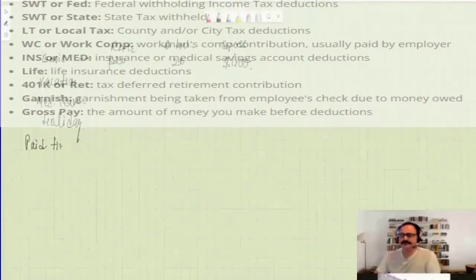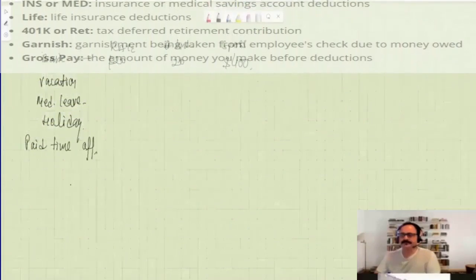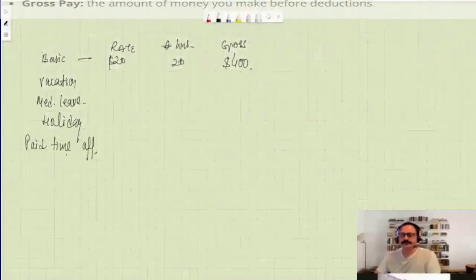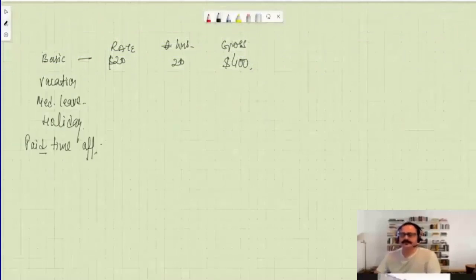That is called paid time off, which means earned leave. In short, it is called PTO, paid time off. Earned leave, every company gives one or two leaves every month.